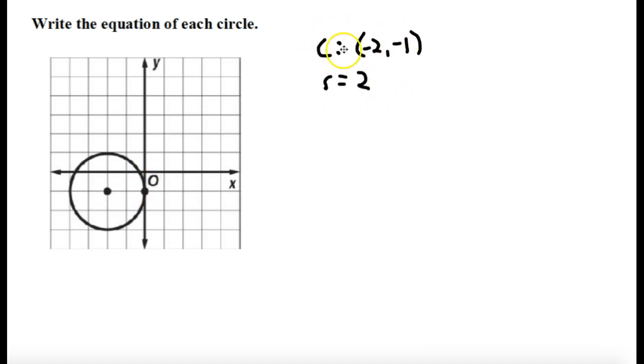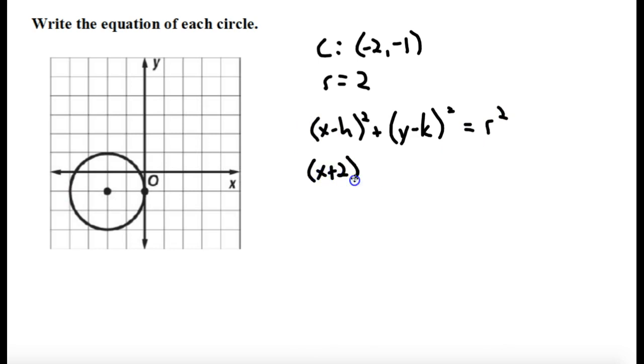So now, with this information, we can plug that into x minus h squared plus y minus k squared equals r squared. So we'll end up with x plus 2 squared plus y plus 1 squared equals 2 squared, which is 4. So this is the equation of this circle.